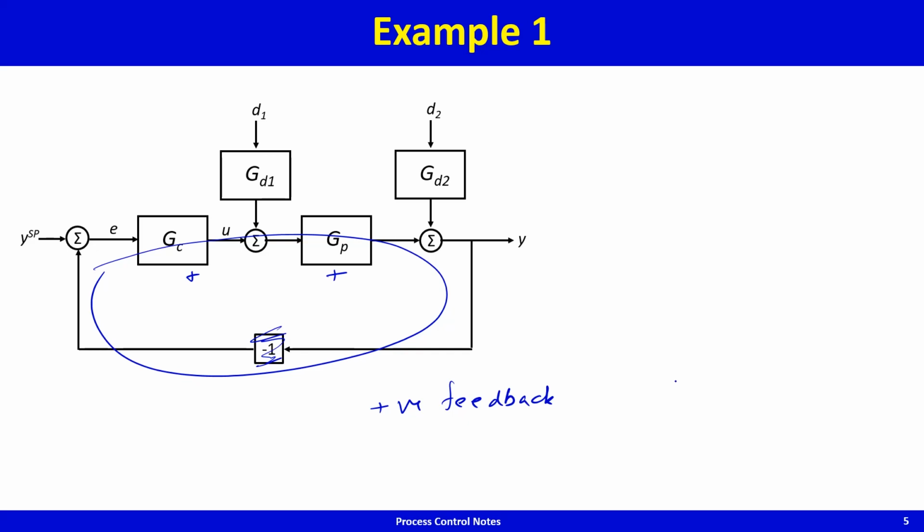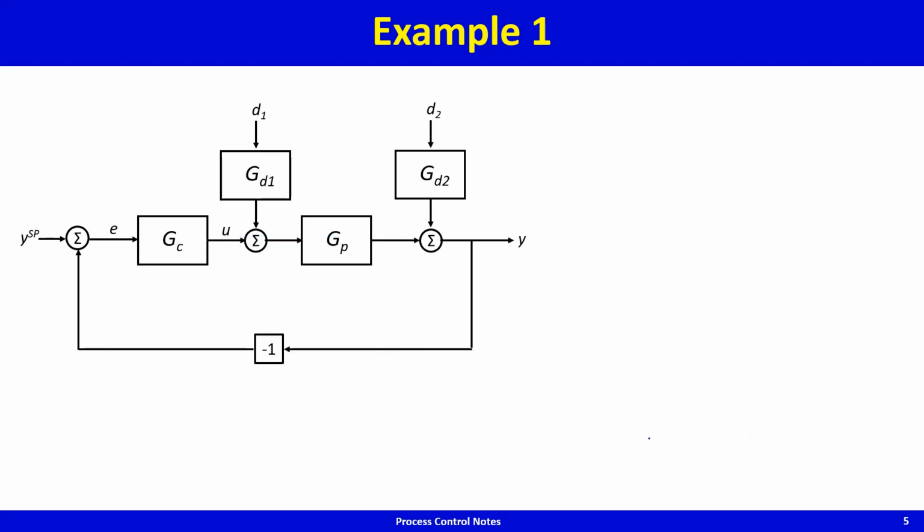So for positive feedback loops, what occurs in the denominator is 1 minus the product of the transfer functions. For negative feedback loops, it would be 1 minus GPGC, but with the negative, it would be 1 plus GPGC. The negatives will actually change the sign.